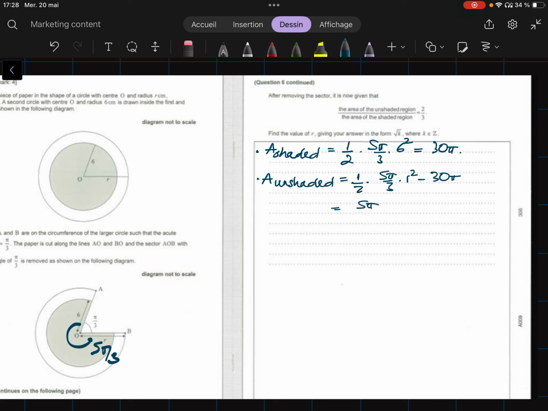So, now we just need to form an equation and solve for r.